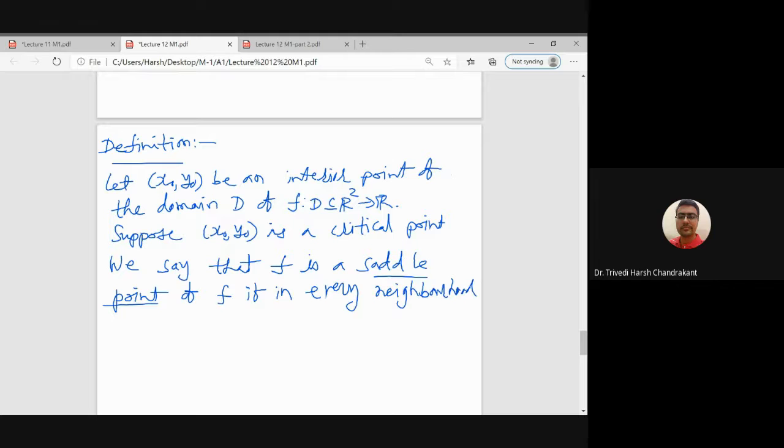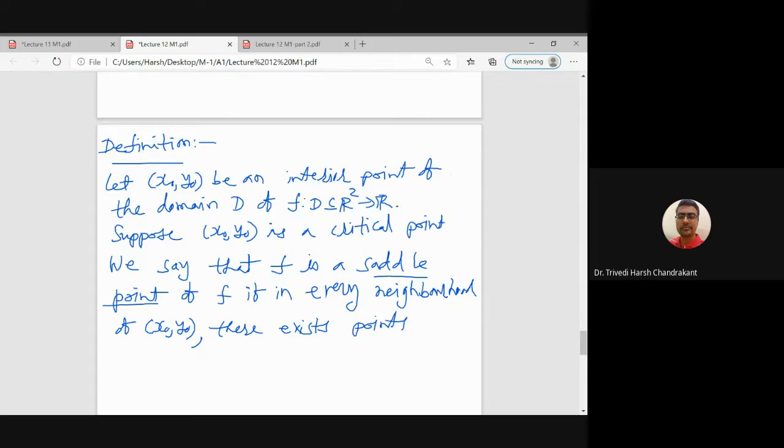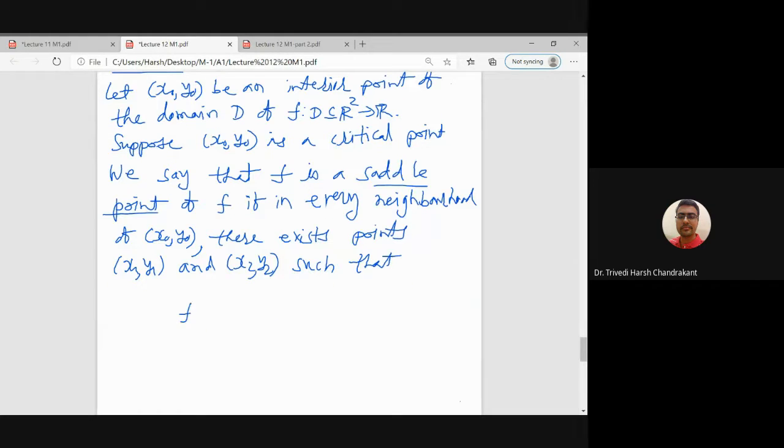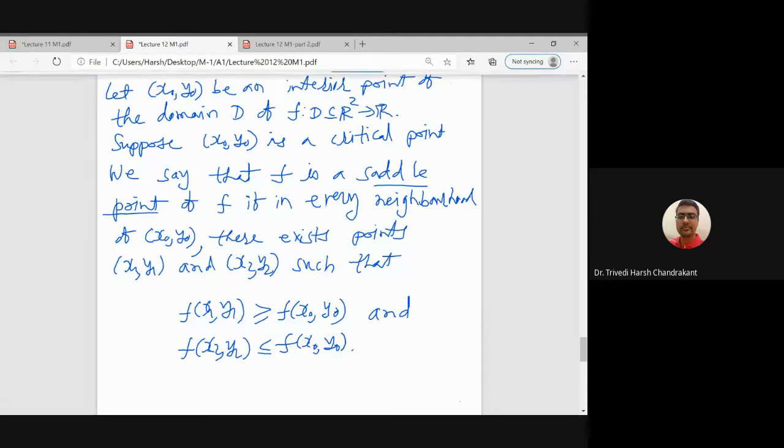Whatever small neighborhood of the point (x0, y0) we take, there exist two points, one is (x1, y1) and another is (x2, y2), such that the value of the function at one is bigger than or equal to the value at (x0, y0), and the value at the second point is smaller than f(x0, y0).